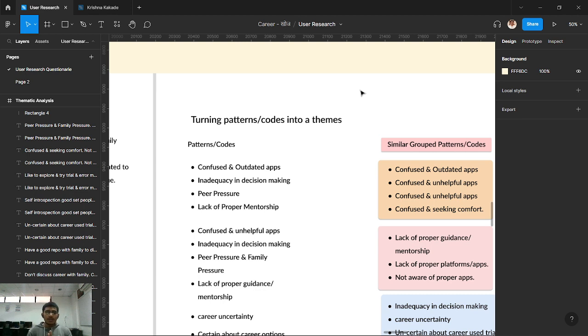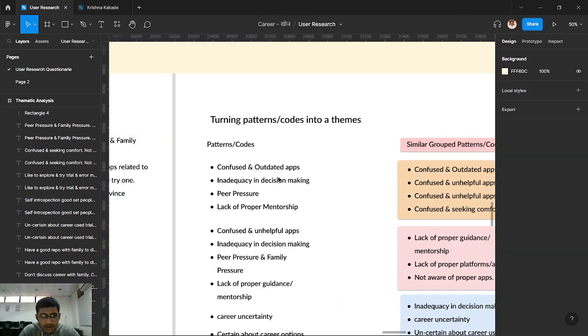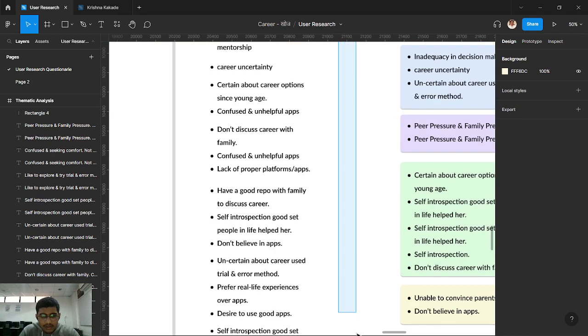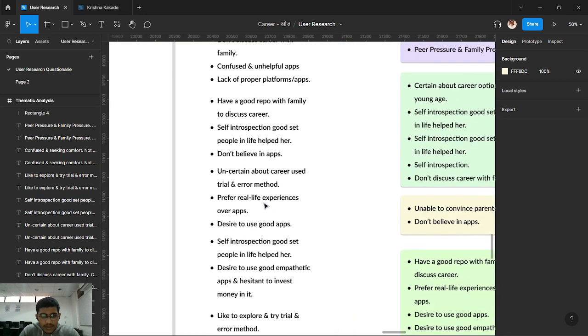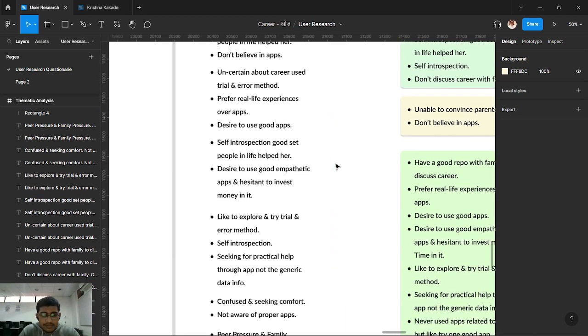And right now we have to generate themes from those patterns and whatever data we have. So we have the patterns we got: confused, career uncertainty, prefer real life experiences over apps, desire to use good apps, self introspection, and a good set of people in life helped her.